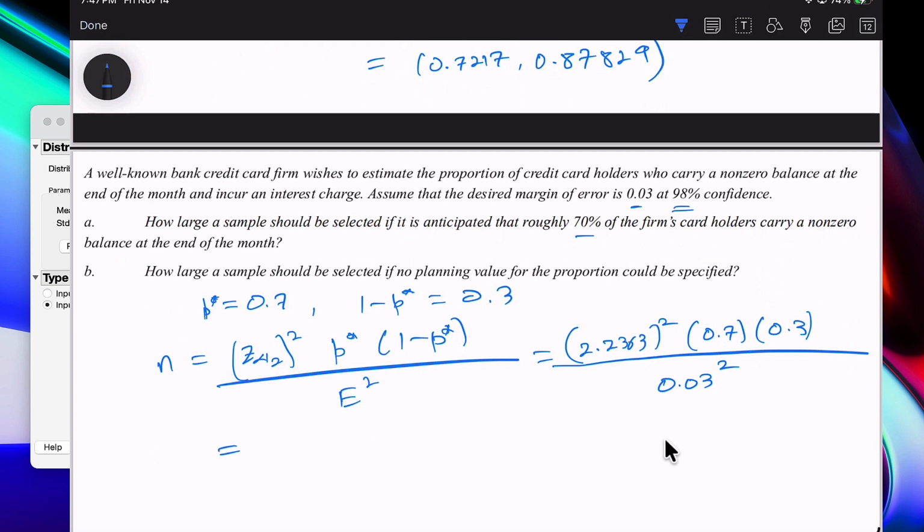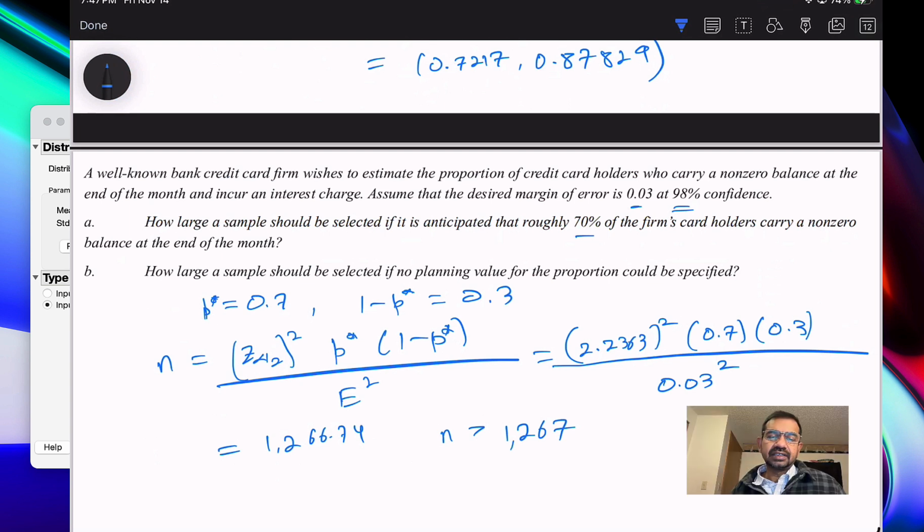And when we calculate this, we obtain the value of 1,266.74, so our sample size should be at least 1267, if we want to have 98% confidence that our proportion is plus or minus 0.03 of the actual proportion.